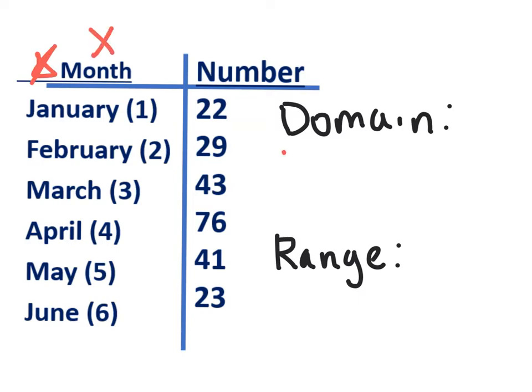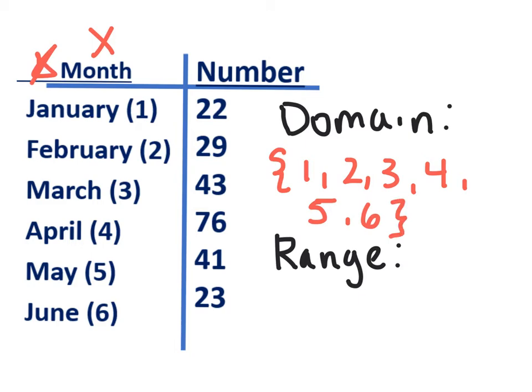So we could list them by listing either the months or the numbers, and I'm going to do it with the number version. So I would just list them in order. So 1, 2, 3, 4, 5, and 6. And these brackets just indicate a way of including all of them.